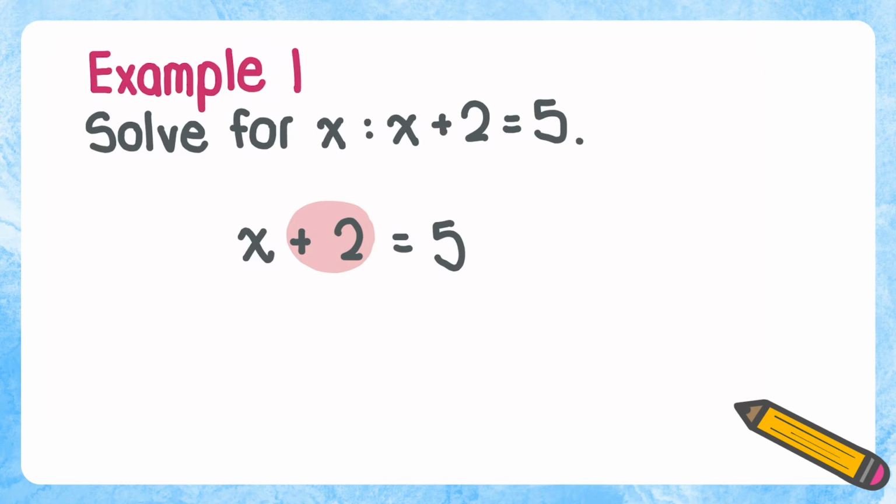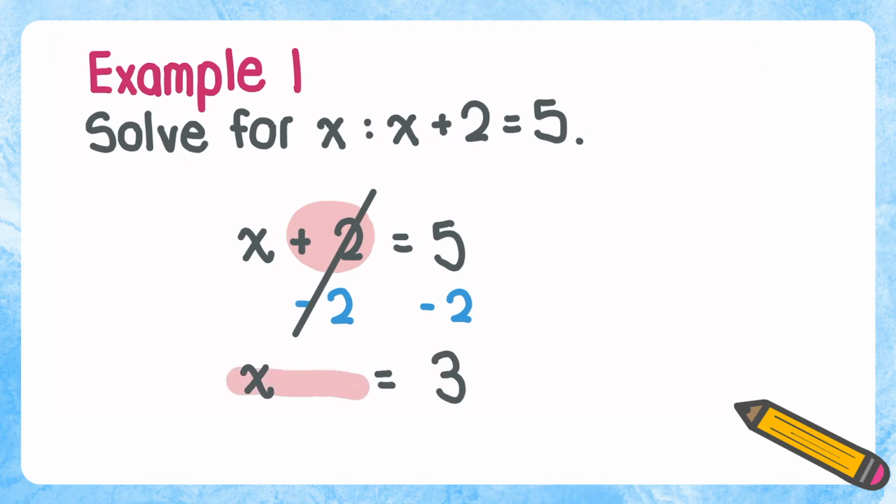It would be subtracting 2. So I'm going to subtract 2 from both sides to make sure they're balanced. And now this part cancels out, so we've gotten rid of that plus 2 that was in the way. So on the left side now we're left with x, and on the right side 5 minus 2 equals 3. So our answer is x equals 3.